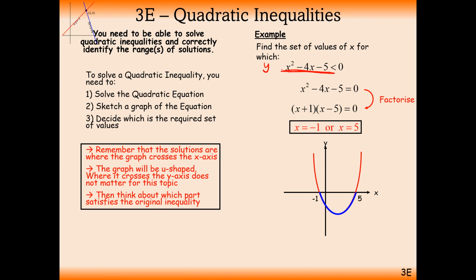This function of x is the y value. So really, we're looking for y values that are less than 0. That's why this blue line is going under the x-axis, meaning under the x-axis for less than 0.